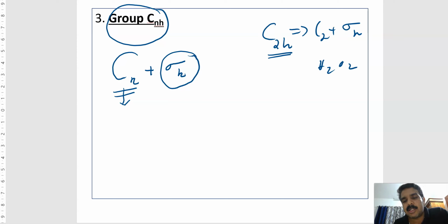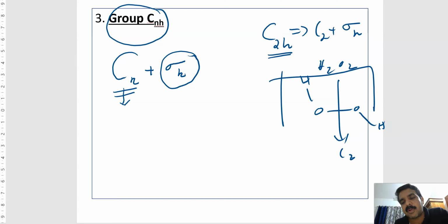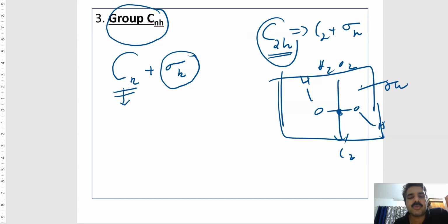The shape of hydrogen peroxide is an open book like structure, we know. There is a C2 axis here and a perpendicular sigma h plane. This is the C2 axis passing perpendicular to this board or this plane, and sigma h is this molecular plane. So this is a horizontal plane, sigma h. So this molecule belongs to C2h.